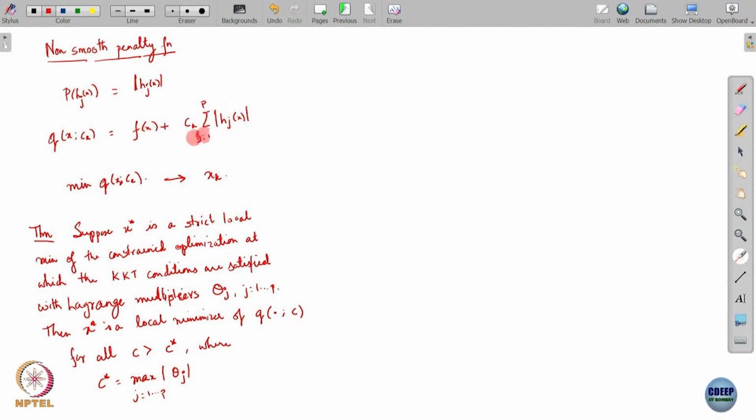The objective is f plus the absolute value of h j of x, which is not necessarily a differentiable function. This is the price you have to pay for getting a strong result of this kind. Right. So, this is one of the ways by which you can use a finite value of the penalty and yet use the penalty method to get to the solution of a constrained optimization problem.